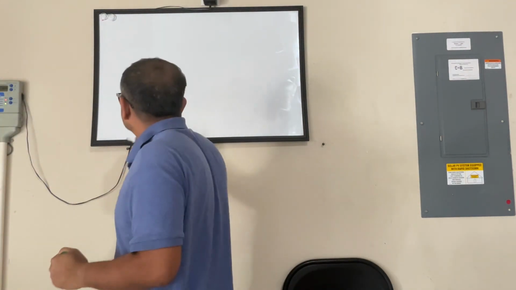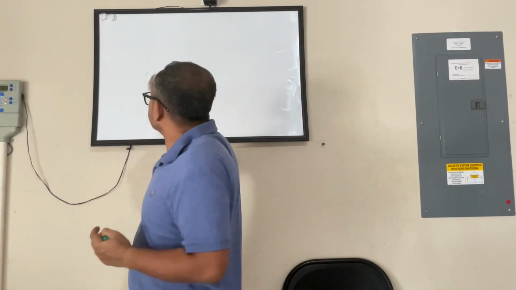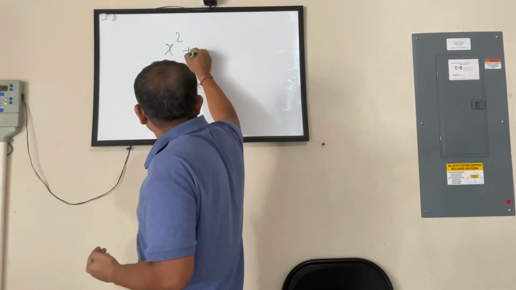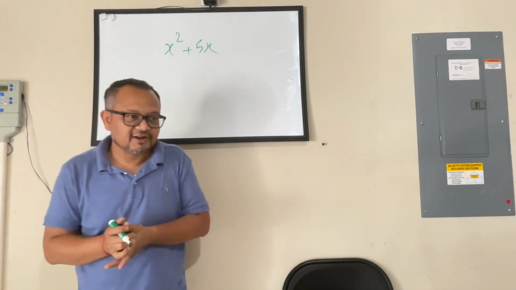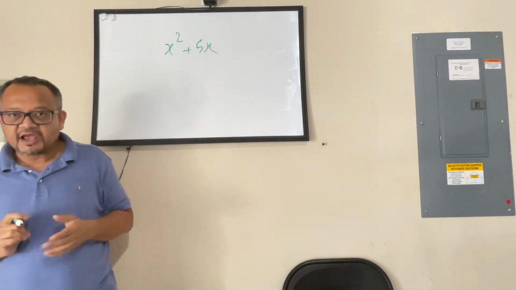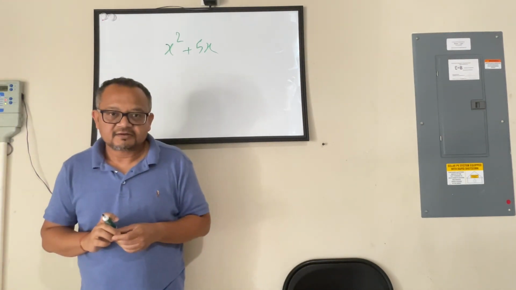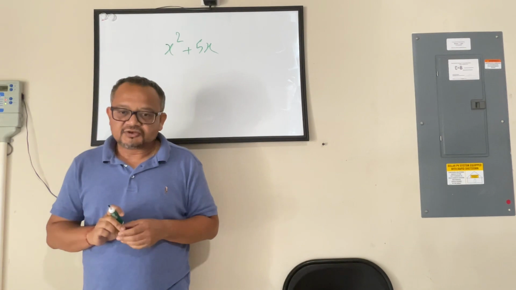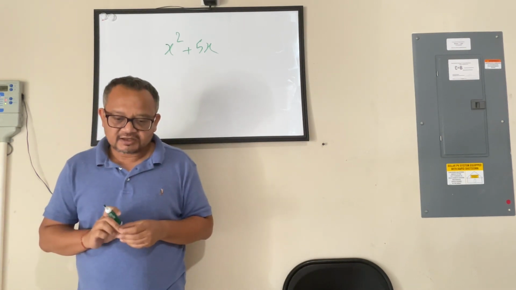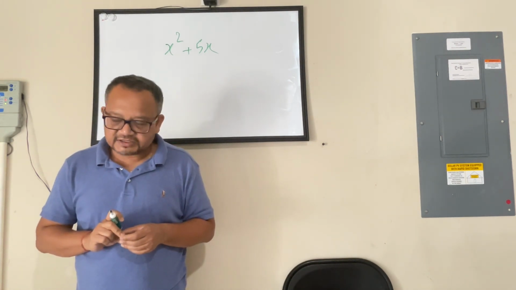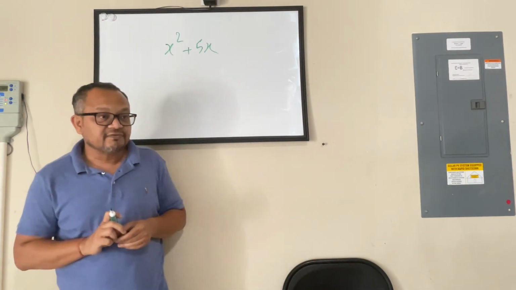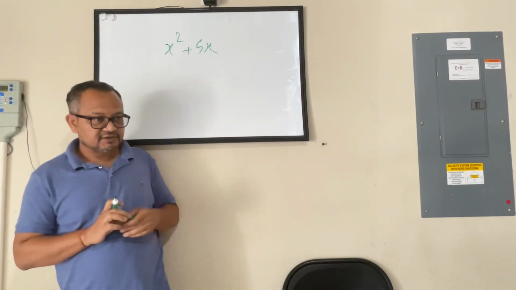let's say I just wrote this on the screen: x squared plus 5x. Okay? So this is called a function with 2 terms.